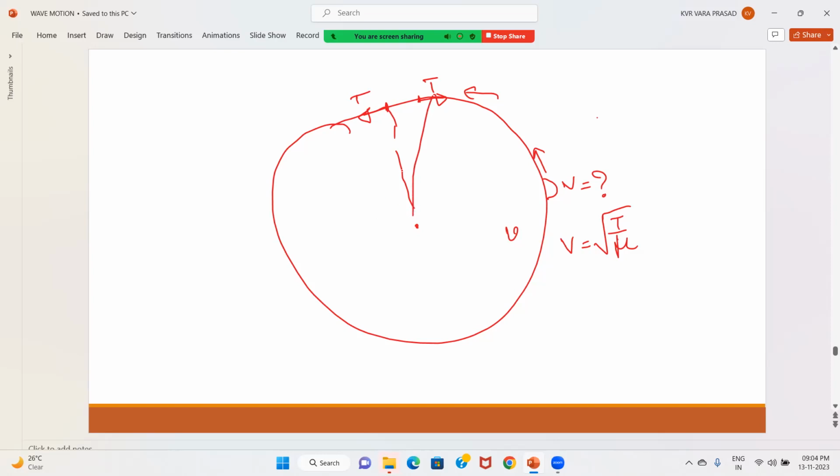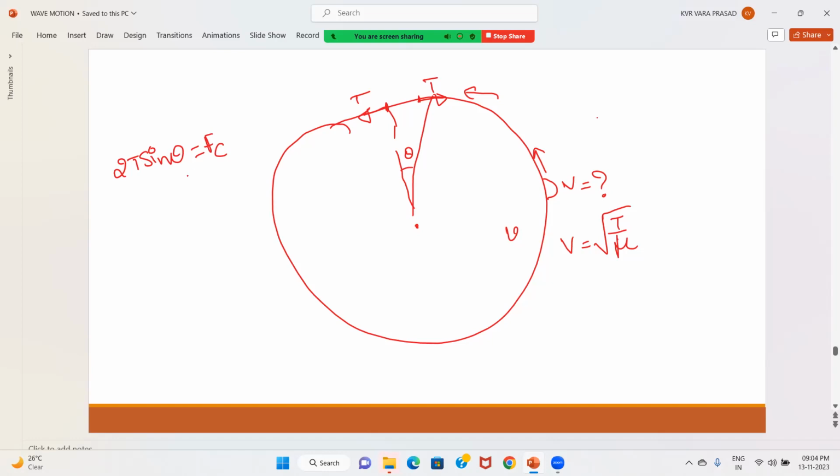If the angle is 2 theta, then we got tension in the previous question, that is 2T sin theta. This force is providing the centripetal force.